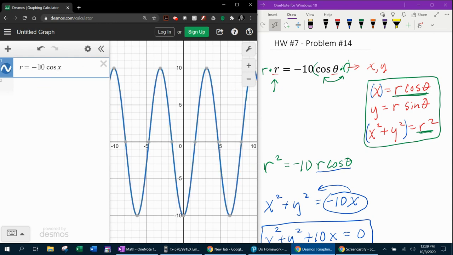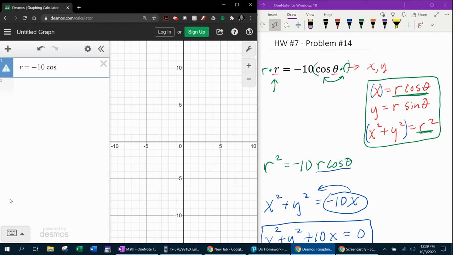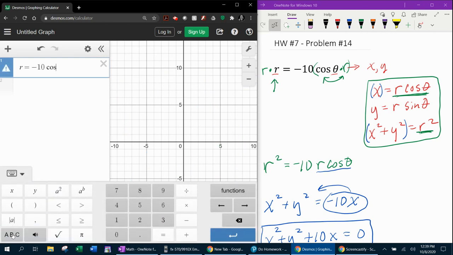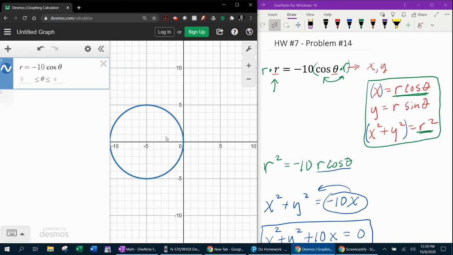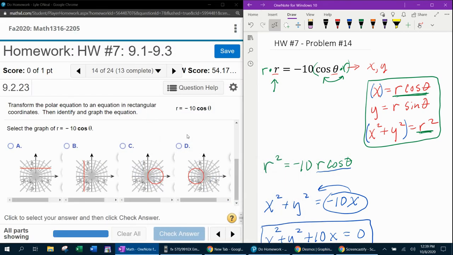Now, if you put x instead of theta, it's not going to graph it correctly. You are going to need to put theta, and we get that from the keyboard and this button here to bring up the variables, and here's theta. And do you see that that will tell us at the very beginning not only that it is a circle, but where the center is and the radius. It gives us a ton of information there from Desmos.